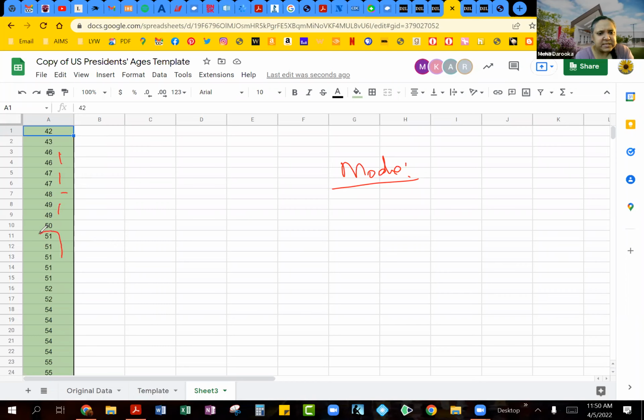The largest maximum occurrence I'm seeing right now is 51. You can see that's 1, 2, 3, 4, 5. So 51 has a frequency of 5. Let's see, 52, 54, 1, 2, 3, 4, 5. 54 also has a frequency of 5.